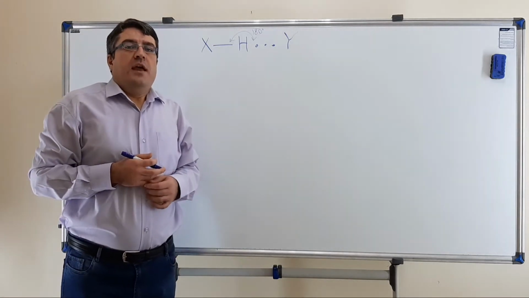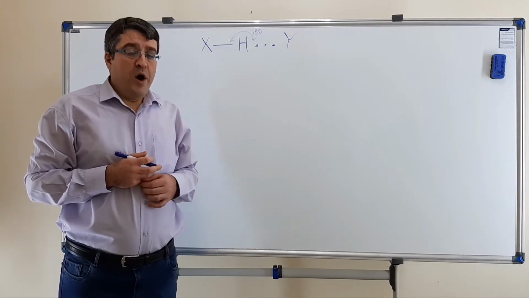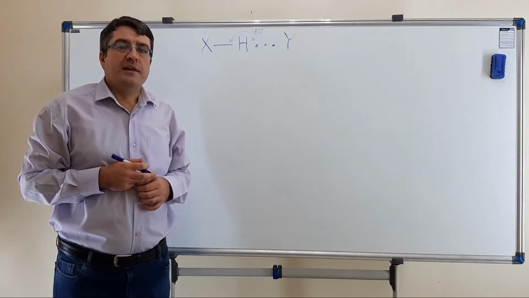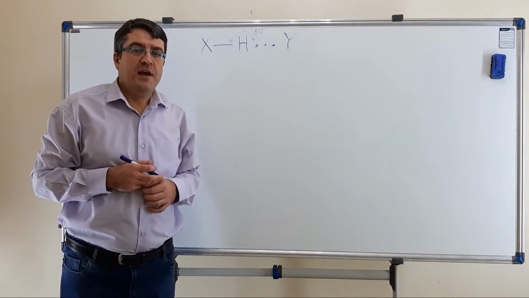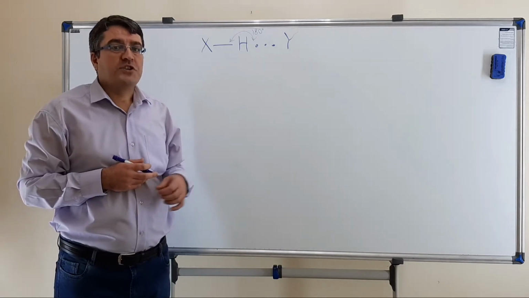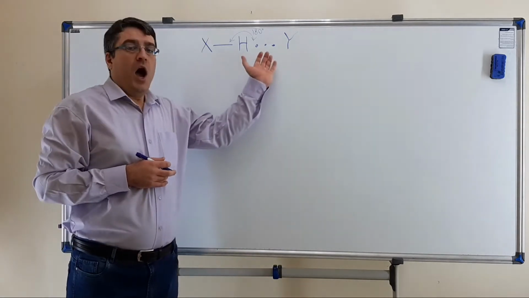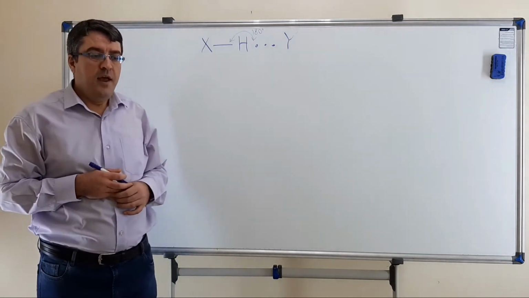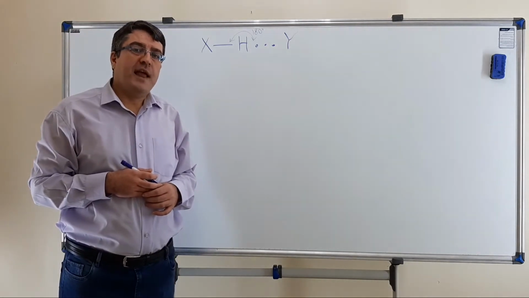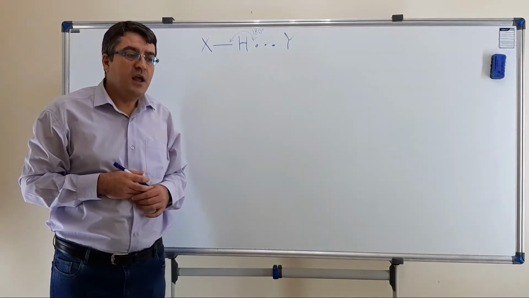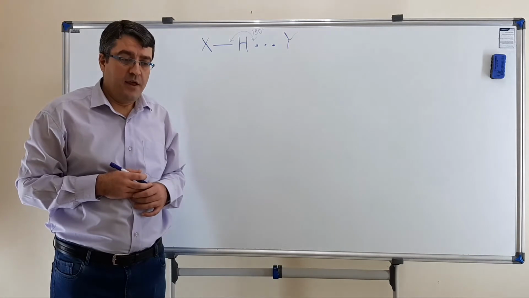Based on any of these 2 points of view, Lewis bases, which are electron pair donors and have electron pairs to donate, are susceptible to form hydrogen bonds. Contributions of the electrostatic interaction and orbital interaction are a matter of debate.